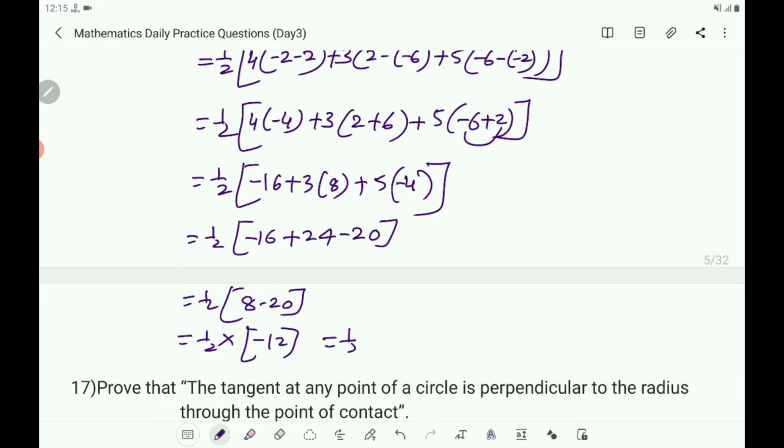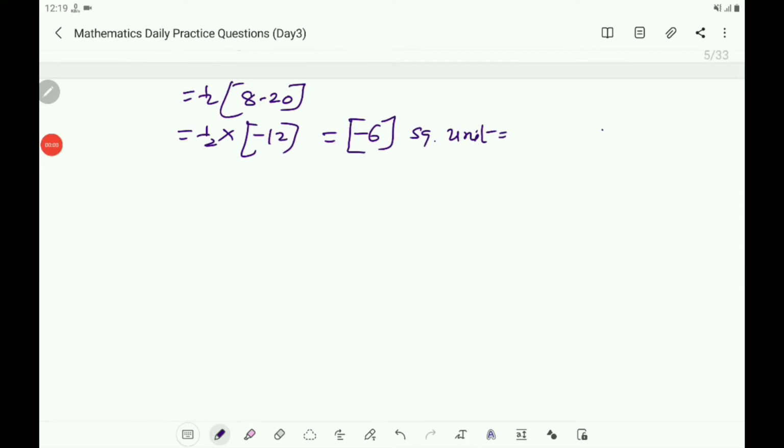That equals half into 12, it is a modulus, so you will get the positive only, that equals 6 square units.